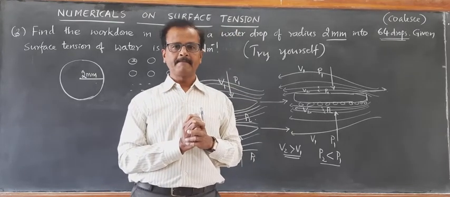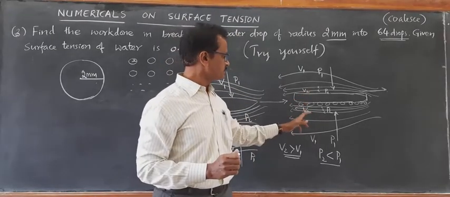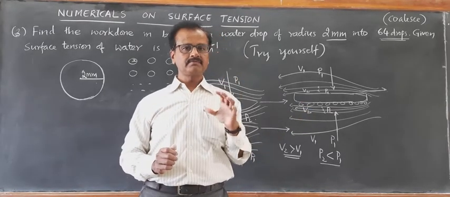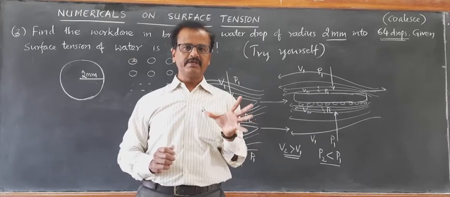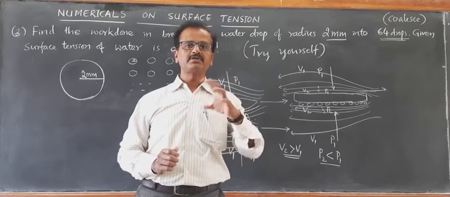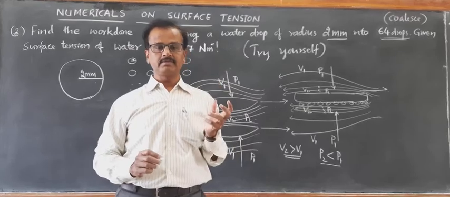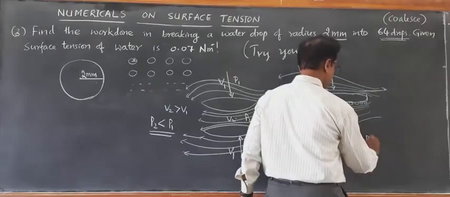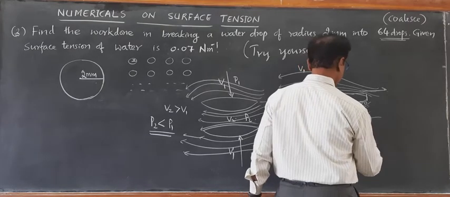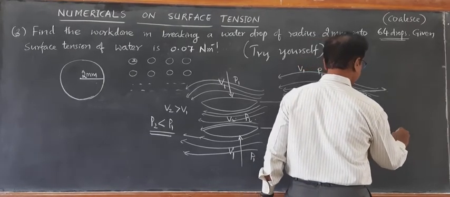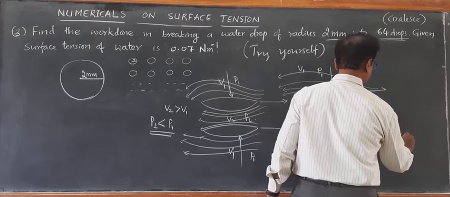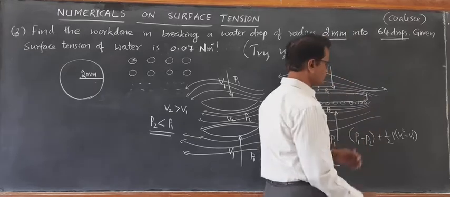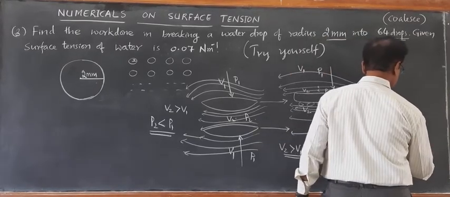Bernoulli's principle: whenever there is a difference in velocities for the movement of a fluid, then a pressure difference is created. P1 minus P2, plus half rho into V2 square minus V1 square, remains constant.